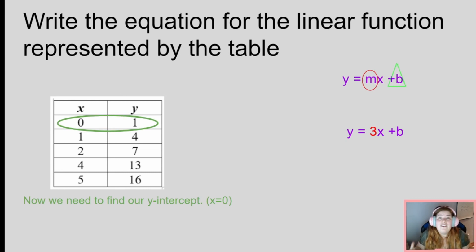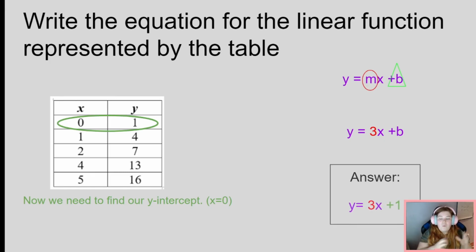So this table gives us our y-intercept. Our y-intercept is the point 0, 1. So when I plug this into the equation, I can use that 1 as my b value. So my final answer here is going to be y equals 3x plus 1. It's a positive 1 for my y-intercept, so it's a plus 1 in my equation.